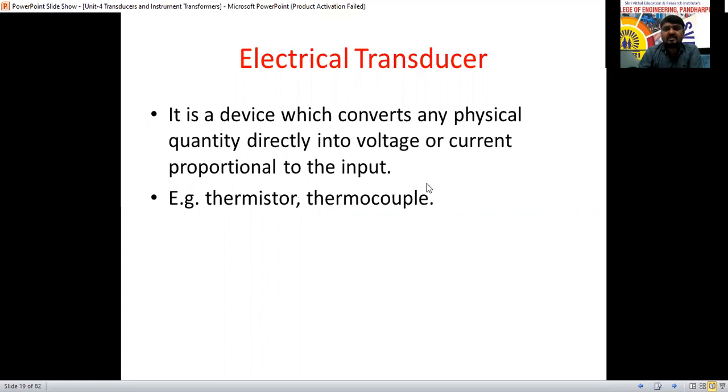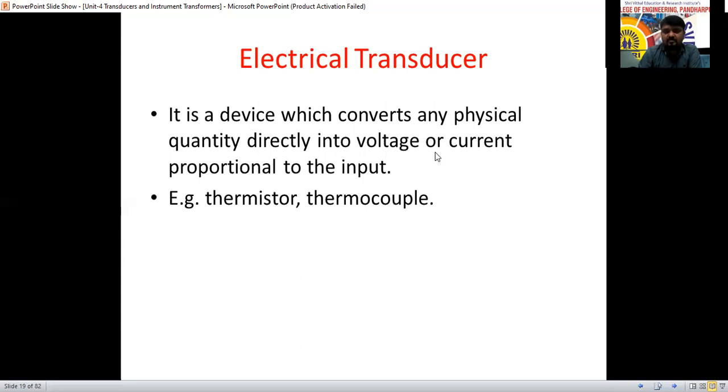See here, the last definition of the transducer, that is the electrical transducer. We are going to call this a secondary transducer. It is not primary, it is a secondary transducer, which is a device which converts any physical quantity or mechanical quantity into voltage or current proportional to the input. Voltage and current, these are all electrical quantities only.